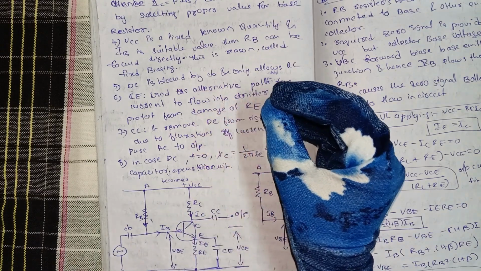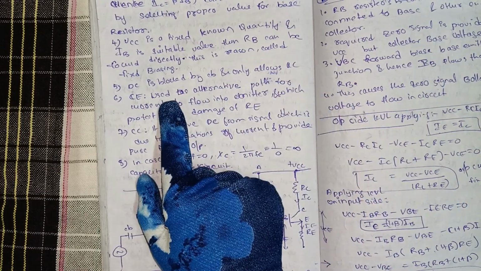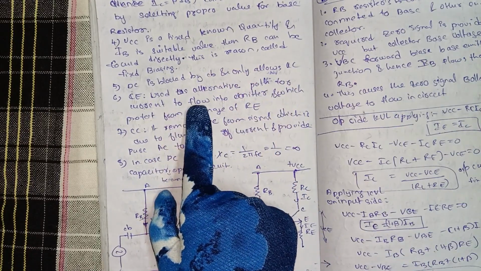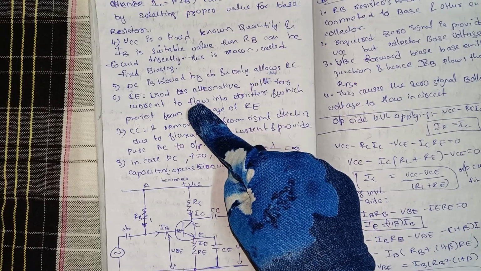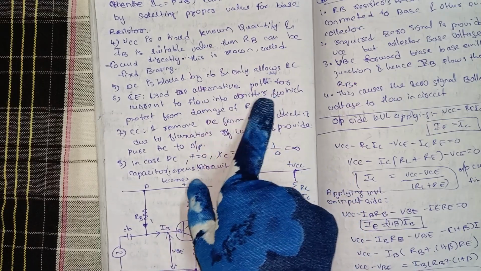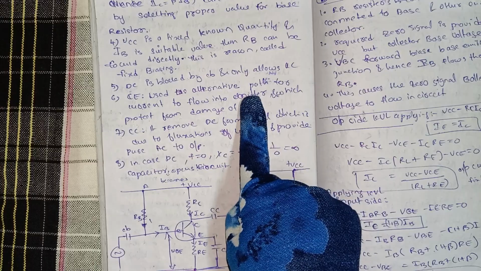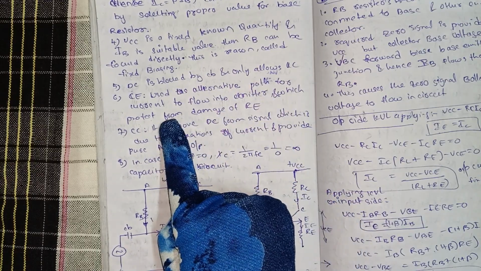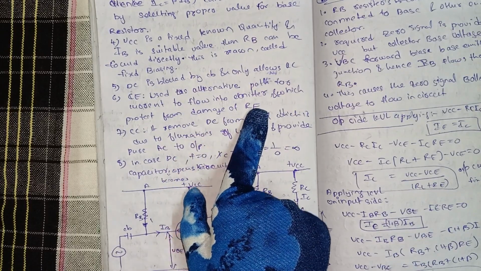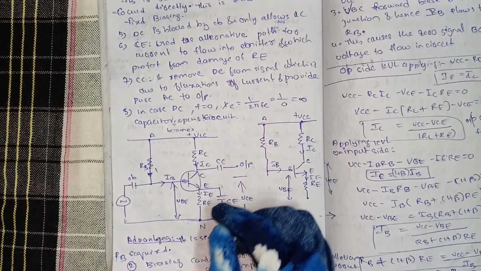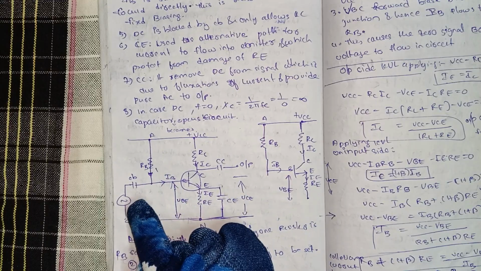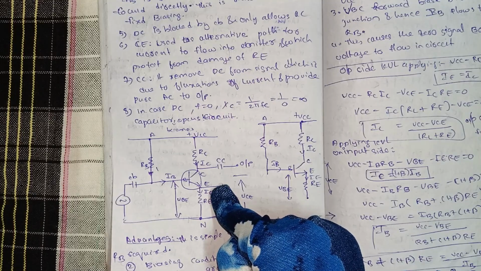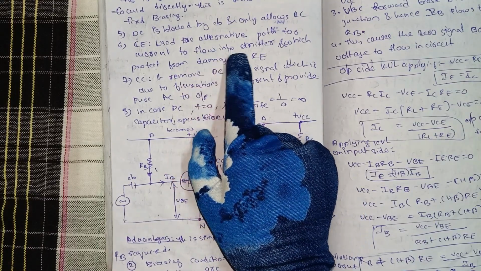In case of AC supply, CE is used as an alternative way for current to flow into the emitter, and it protects RE, the emitter resistance, from damage.